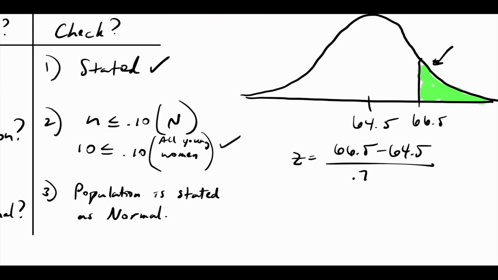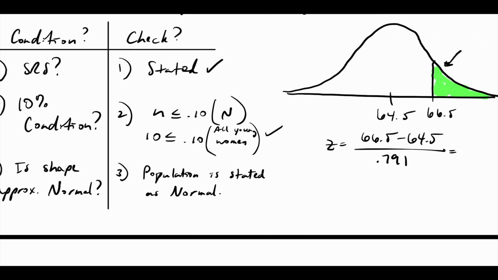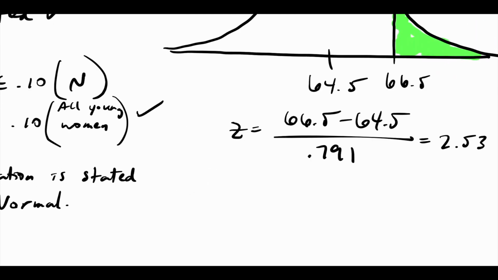That number is going to go down here. We still get 2 on top, but the number on the bottom is not 2.5 anymore. It's lower, so that means the z-score is going to be higher. And what's the z-score? 2.53.